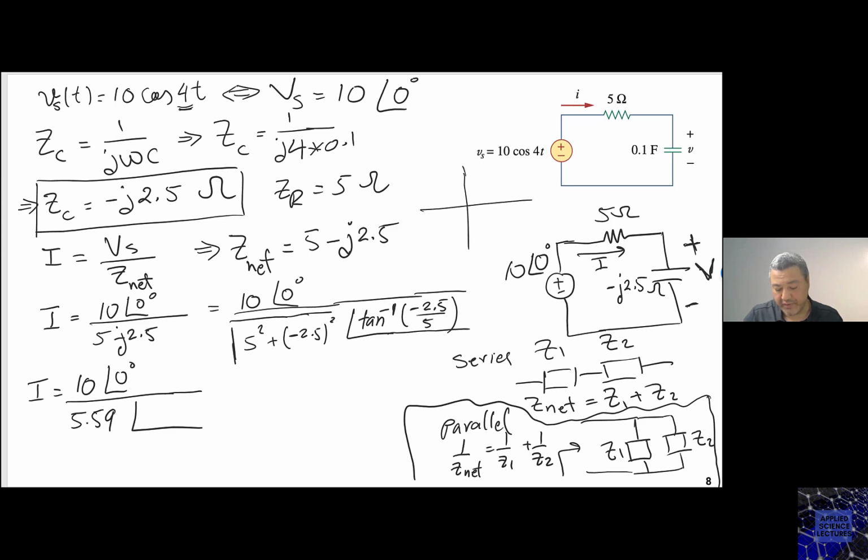Now here, if you go back to the complex plane, I have my x, my real, as 5, and I have my imaginary as minus 2.5. So my angle is expected to be in the fourth quadrant. And yes, it will be minus 26.56 degrees.